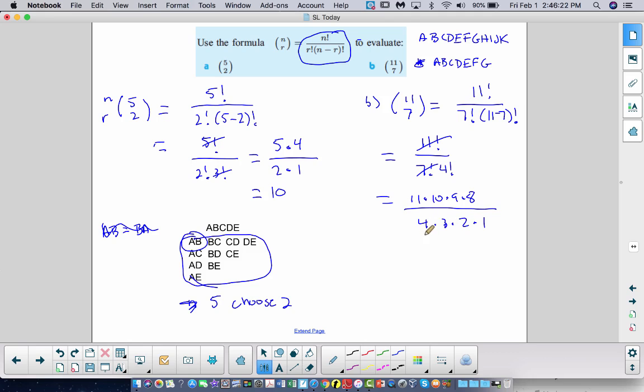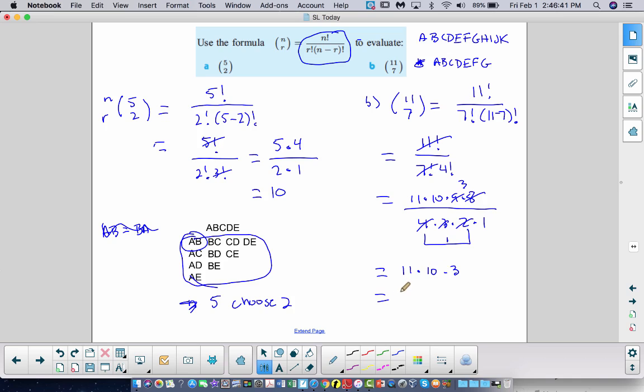And I'm going to intelligently cancel out 4 times 2 with 8, so those are gone, and then the 3 becomes a 1, and the 9 becomes a 3 with simplification. I have 1 in my denominator, so I have 11 times 10 times 3.